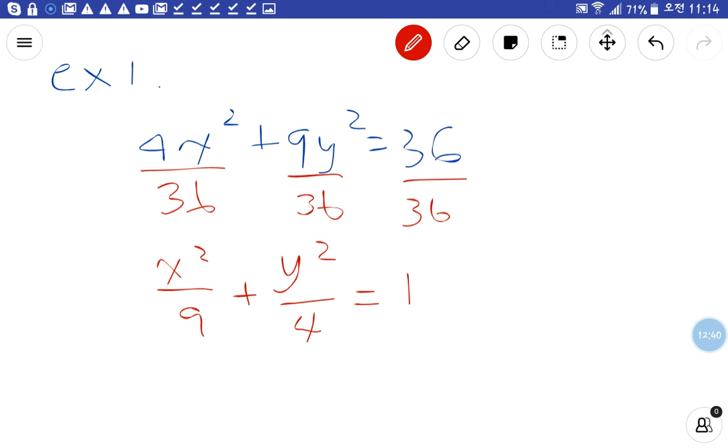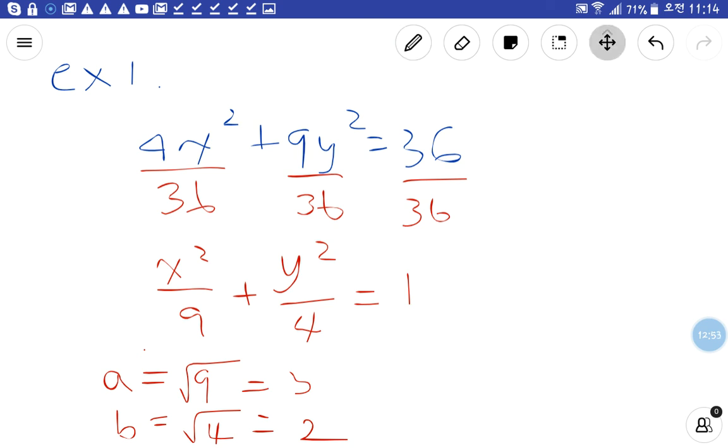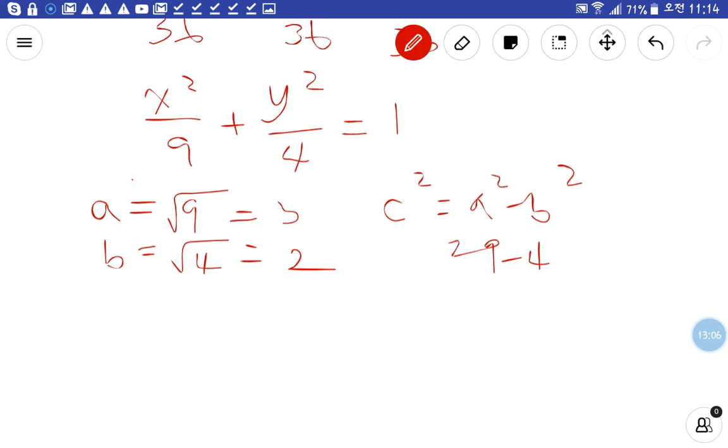So now I have a squared is 9, so a is 3, and b squared is 4, so b is 2. Now I can get my c by plugging into the formula. c squared equals a squared minus b squared, which is 9 minus 4. That is 5. So c is radical 5, so that you can get your foci.